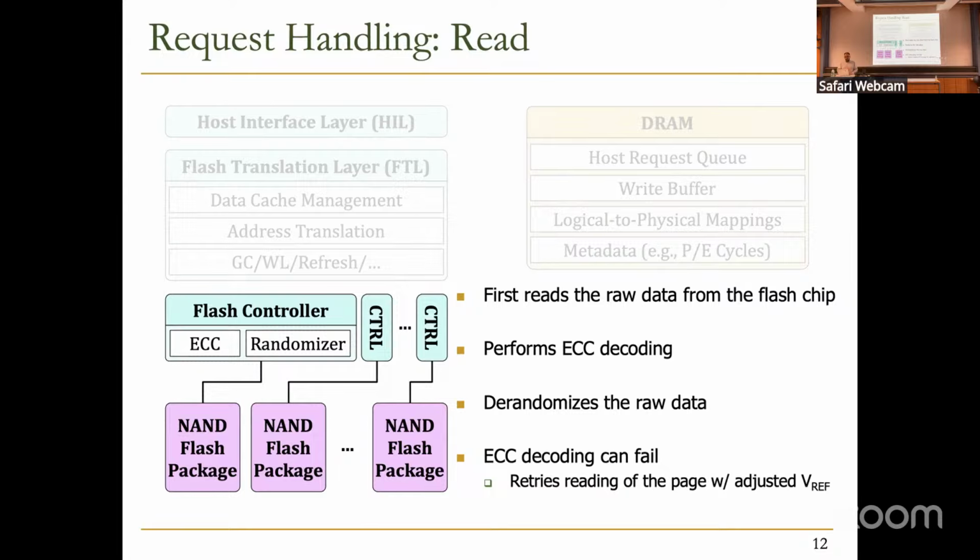That's why when SSDs are getting aged, or for example you are accessing a page which has not been updated for a long time, meaning you didn't refresh it frequently, reads are slower. Nowadays modern SSDs do refreshing, so you may not see it a lot, but in the past it wasn't the case.